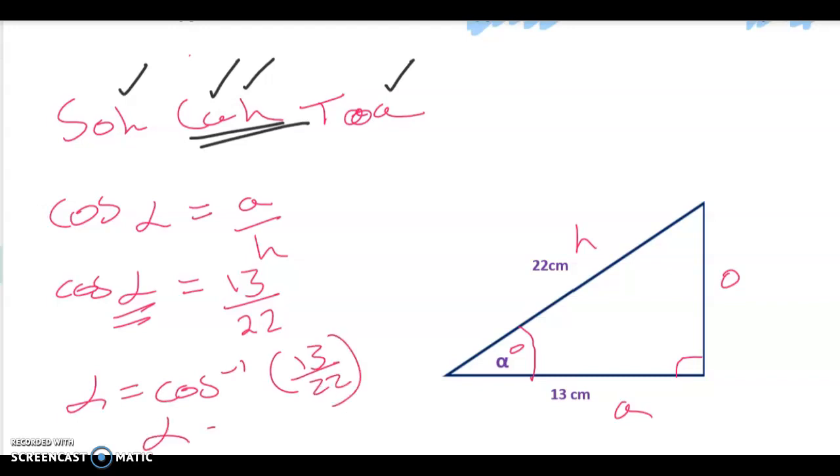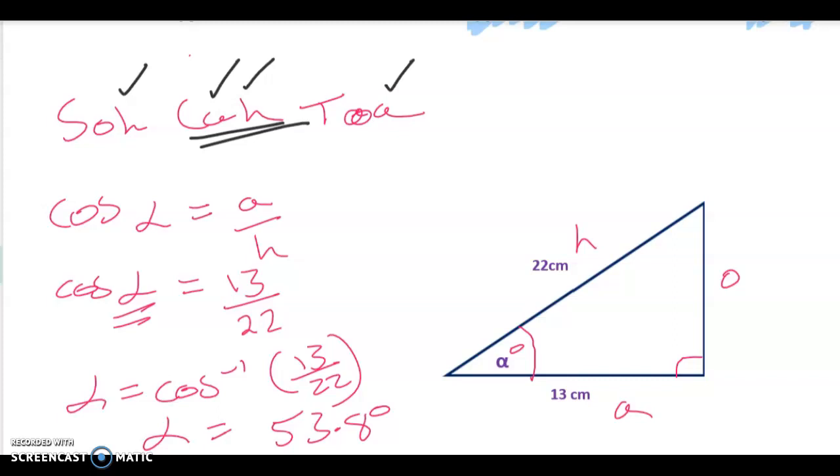So in your calculator, you've got your shift cos, fraction 13 over 22, is equal to 53.8 degrees.